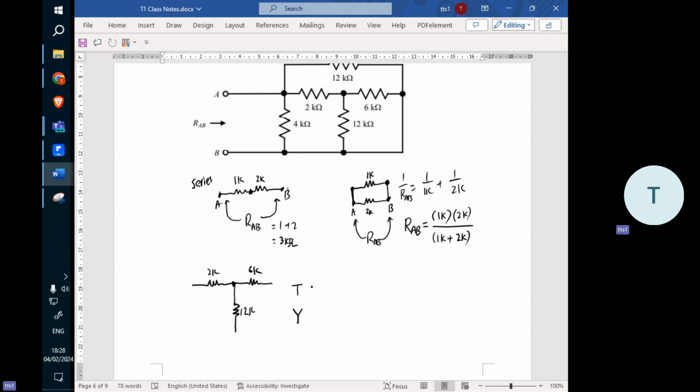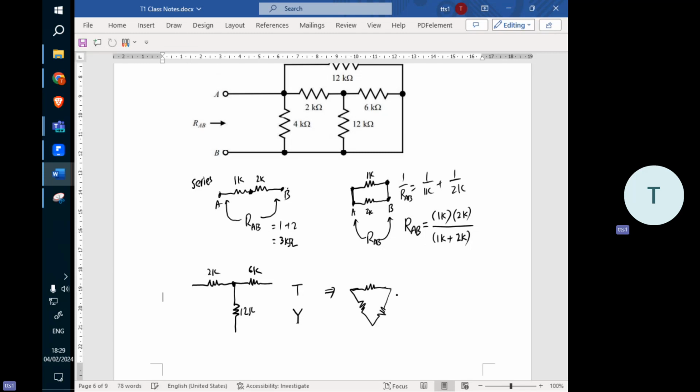If you can convert this one to the delta network, delta network looks like this. Convert from Y to delta.